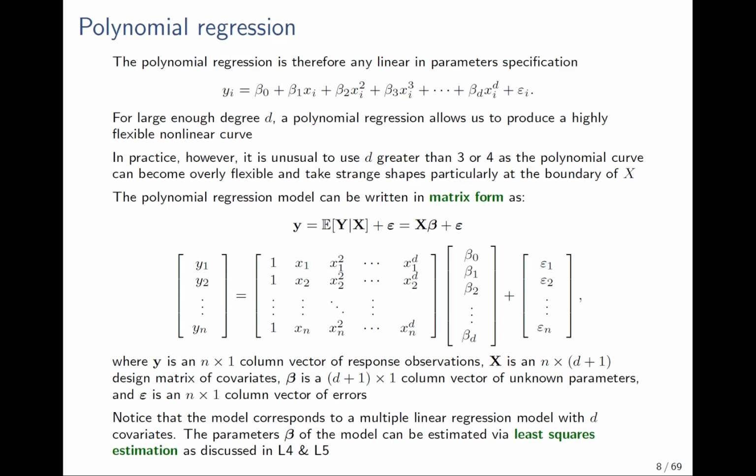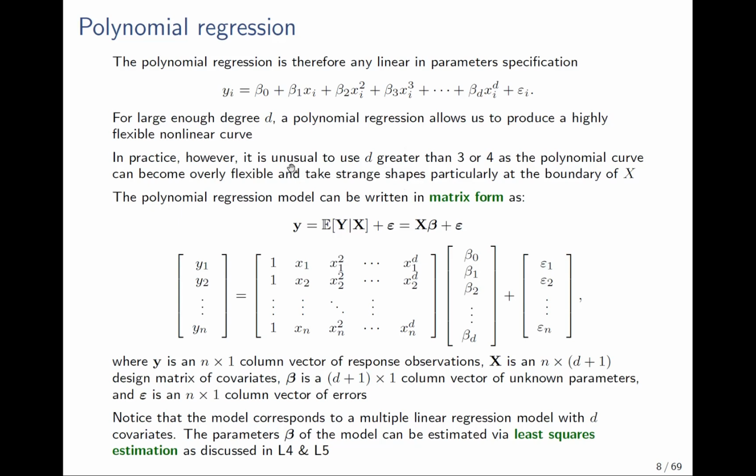So the polynomial regression model can be written in matrix form in this expression here. So we have our column vector of y, we have intercept term, design matrix for x here with an intercept term in the first column, and then the different powers of x: x to the power of 1, x to the power of 2, up to x to the power of d, coefficient vector, error vector, and that's all.